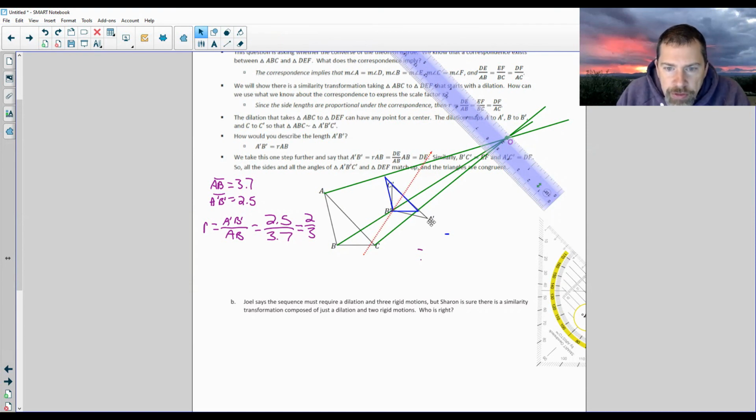But if we take perpendicular line segments that bisect a point of reflection or line of reflection, then I think we can just dilate and then reflect. All right, so I'm thinking we could do it in all 2 total. Dilate and then 1 rigid motion, a reflection.